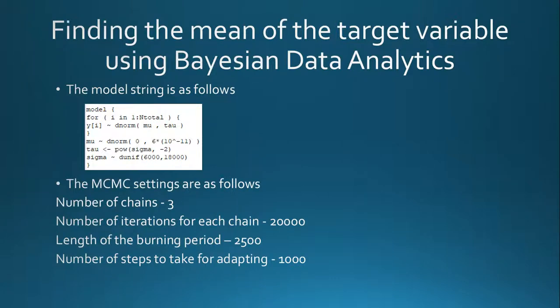That is because we assume that we don't have any prior information, so that's the reason for it. And here is tau. It is assigned 1 by sigma square, and again sigma is distributed uniformly. And here are our chain settings for MCMC.